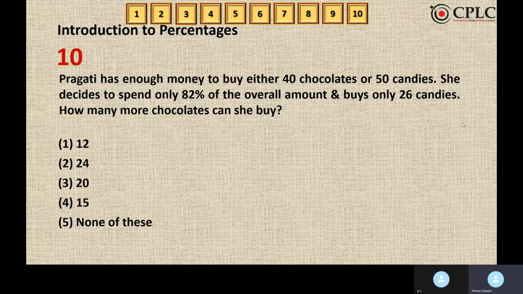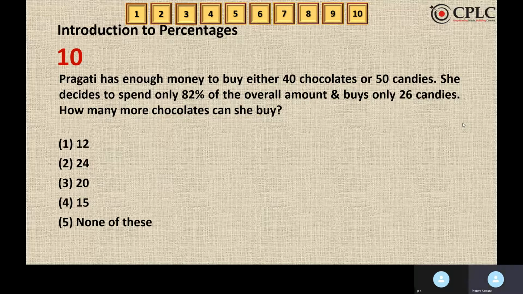So let us say that Pragati has 100 rupees overall. If Pragati has 100 rupees, we can find out the cost per chocolate and cost per candy. How? 100 divided by 40 will give us the cost per chocolate. 100 divided by 50 will give us the cost per candy. So the cost per chocolate is 2.5 and the cost per candy is 2.